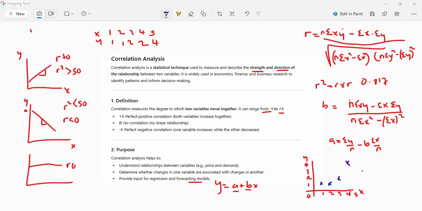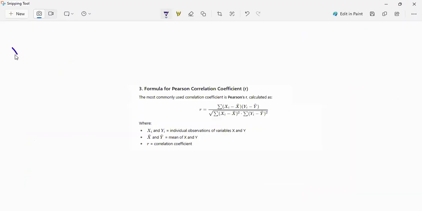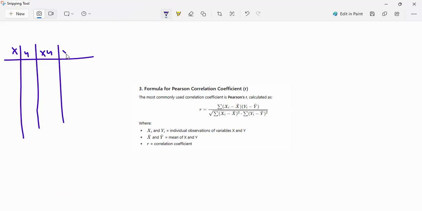So bear in mind that the most important formula that we need to understand is the Pearson's correlation coefficient formula. There are many formulas that can be given, this formula or that formula, but the answers basically will be the same. Let me give you what I feel is simpler to remember: xy here, and x squared and y squared.